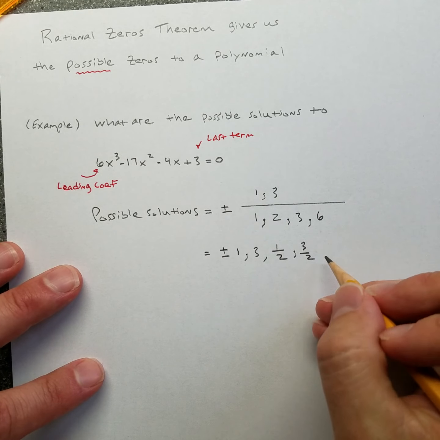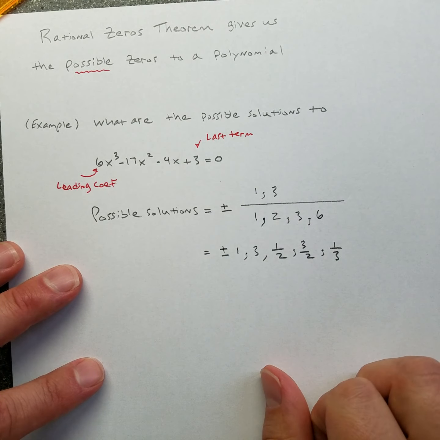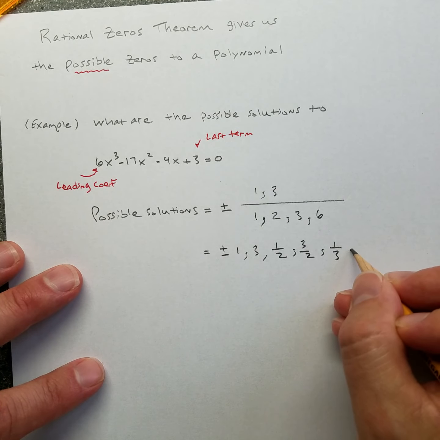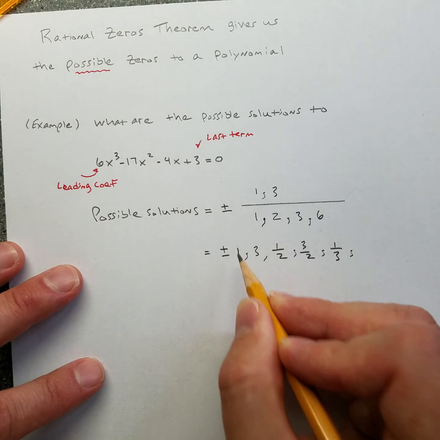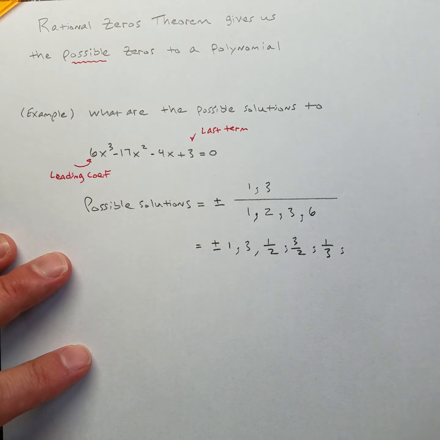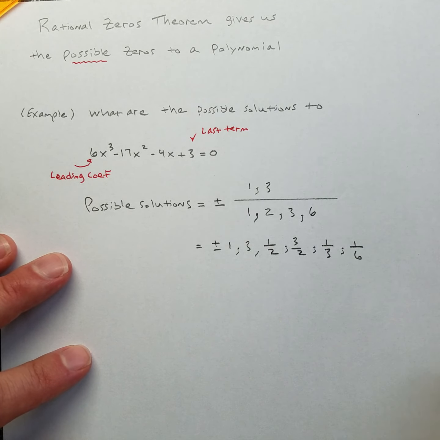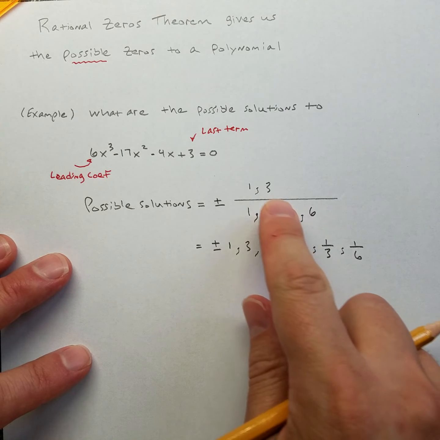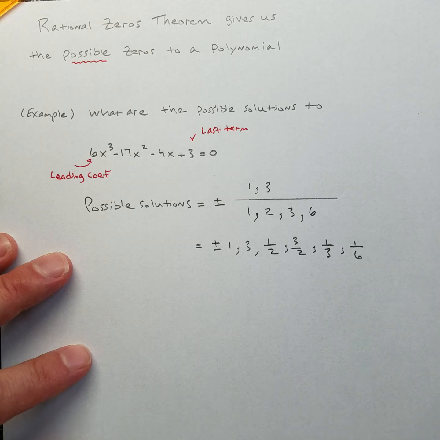What's 1 over 3? A third. What's 3 over 3? Well, 3 over 3 is 1, but I already have that one on the list. So I'm not going to write it again. 1 over 6. And then 3 over 6. Well, 3 over 6 is a half. I already have that on the list.